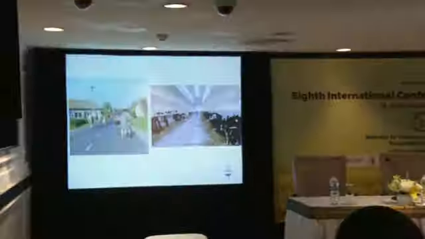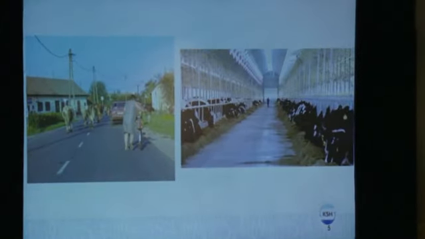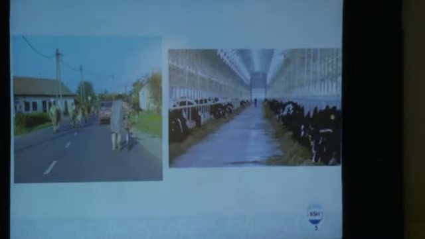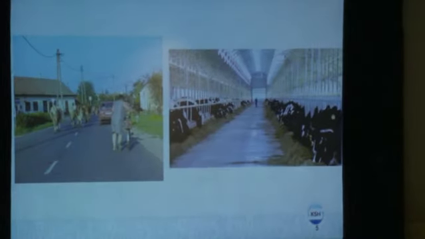So here on the left side, you can see a picture about animal husbandry that was typical in the 80s. At those times, most of the animals were kept near the houses, at the houses in the villages. Now it's decreasing drastically, and the right-hand side picture is a typical picture of animal husbandry in Hungary.